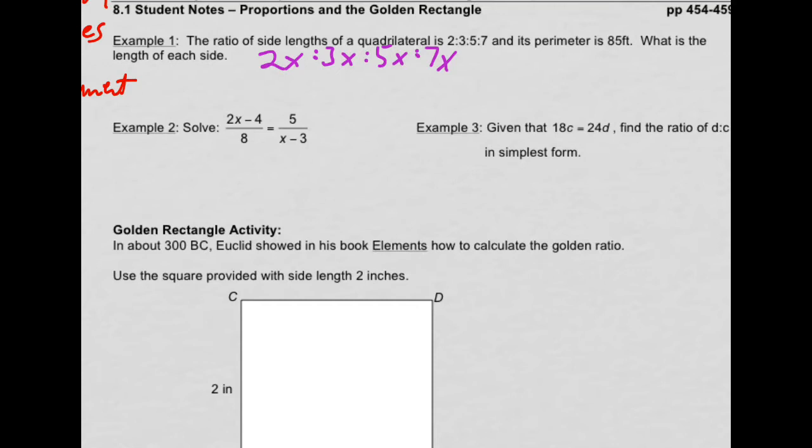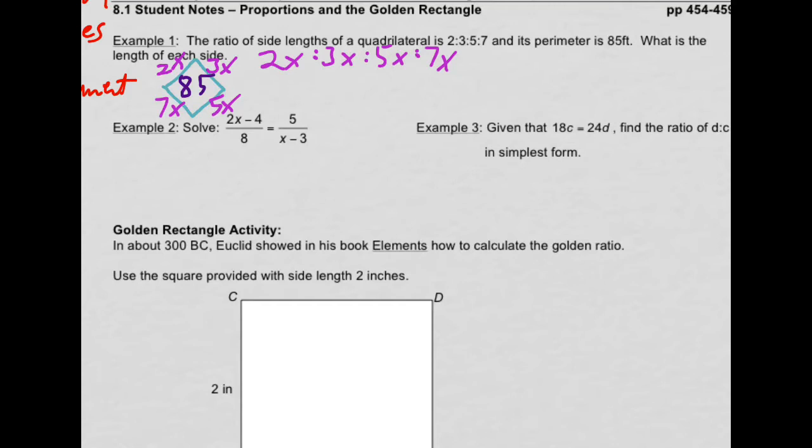And so our quadrilateral might look, of course this is not drawn to scale, something like this: 2x, 3x, 5x, and 7x. And then we know that the perimeter of this whole thing is 85, right?